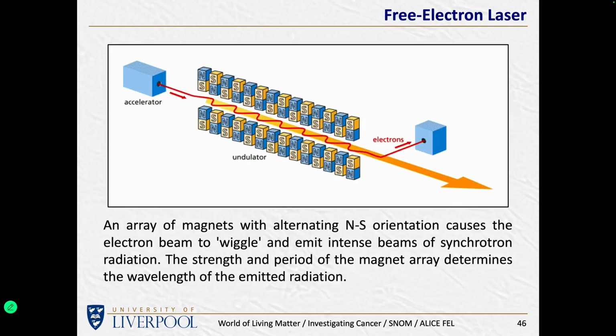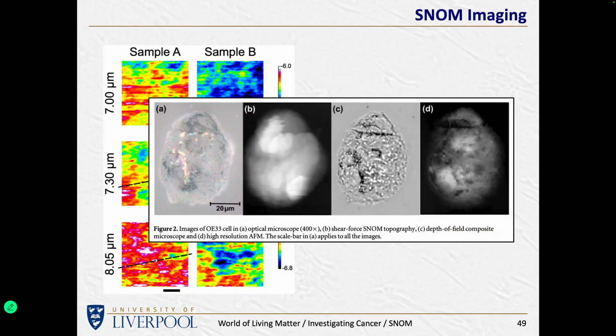Well, again, we're not going to get bogged down in the details, but basically if you take an accelerator particle, in this case an electron, and you get it to wiggle through a series of magnets as shown here, then the light produced by that electron that's getting tugged backwards and forwards, that light will have a frequency or a wavelength that depends on the array of magnets that you're using. So ALICE had an array of magnets that was suitable for producing infrared light.